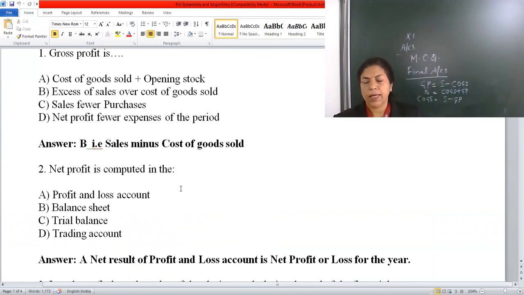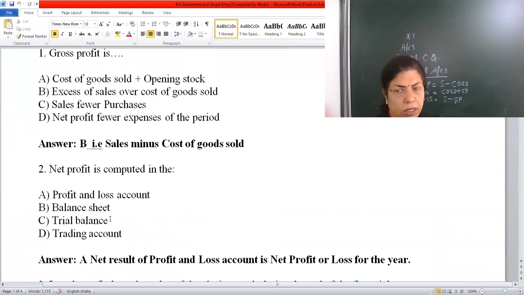Net profit. When we prepare trading and P&L account, at that time I told you, if we want to know the gross profit, we have to make trading account. And if we want to know about the net profit, we have to make, very good, profit and loss account. So net profit is computed in the profit and loss account.